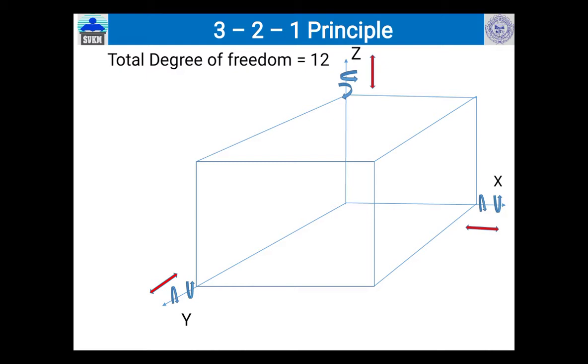To restrict the motions of the workpiece, if we add 3 pins at the bottom of the workpiece, that is pin A, pin B and pin C, you can restrict a total of 5 motions, or you can say 5 movements of the workpiece, that is clockwise x, anti-clockwise x, clockwise y, anti-clockwise y, and z downward.